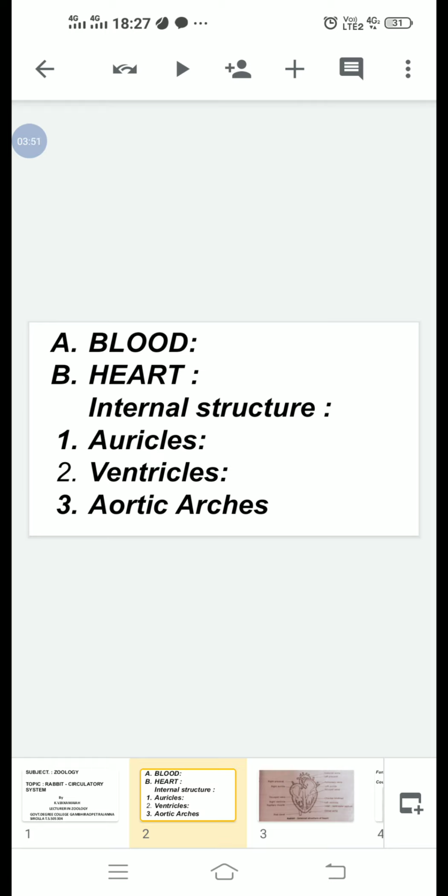It is situated in the mediastinum, the region in the thorax between the two lungs.